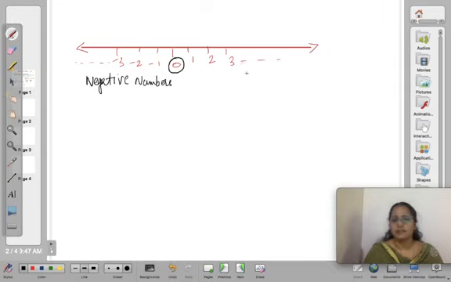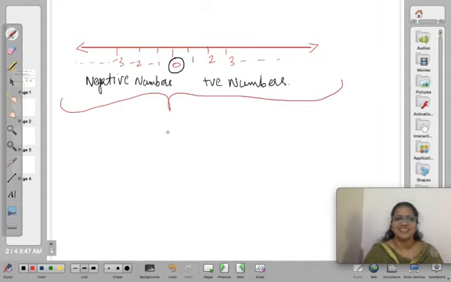Below 0, then after 0, positive numbers. And together we can call this number system integers.